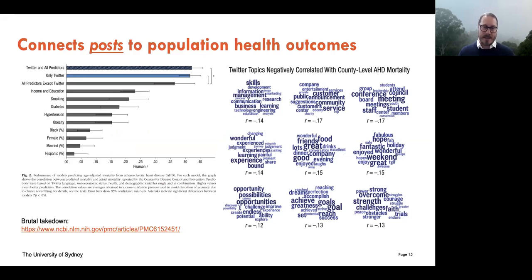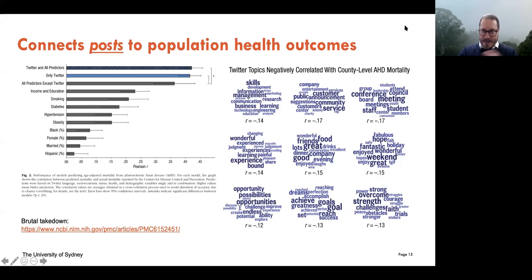And so they used things like income and education, smoking, diabetes, hypertension, obesity, race and ethnicity, all those different factors that they had about the socioeconomics of people in those counties to see if they could model or predict heart disease mortality in that population.